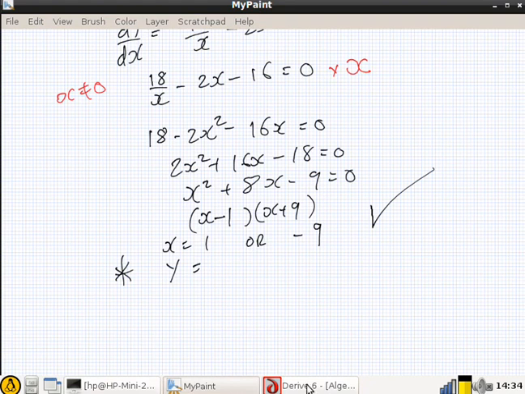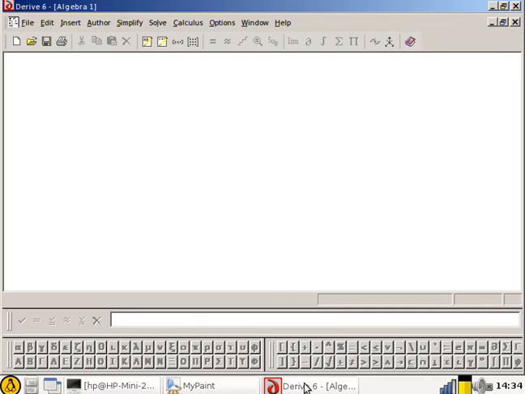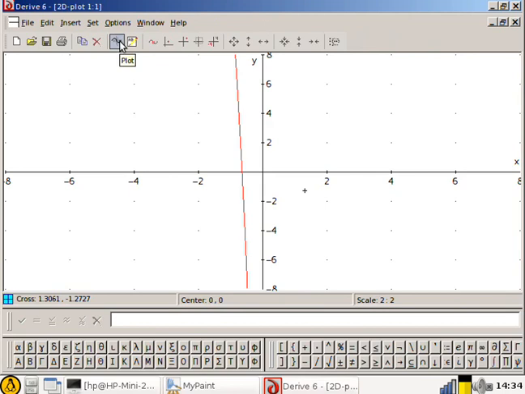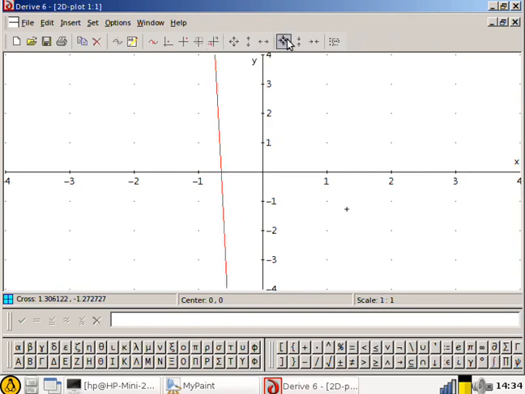Now I'll graph it because there's two answers, so we can see what the graph looks like here. What is it? Log x power 18. What's next? Minus x squared minus 16x minus 2. Okay, so this had two turning points. Let's have a look at them. Reset. Okay, now let's zoom out.